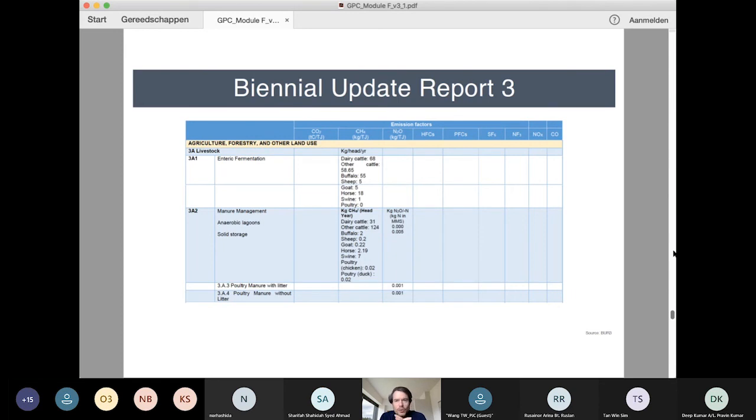So we'll break now for 15 minutes until 10 past to give you a chance to complete this exercise. You've got in your workbook the animals and the number of animals. You need to copy the emission factors in the green columns, then calculate total emissions in terms of kilograms of methane and kilograms of nitrous oxide, and then convert them into CO2 equivalents, add them together, and you'll get a total figure at the end.